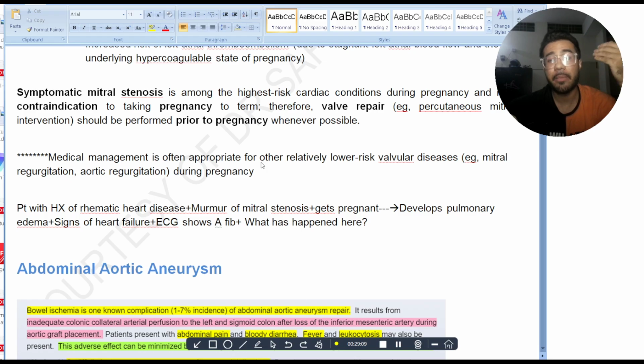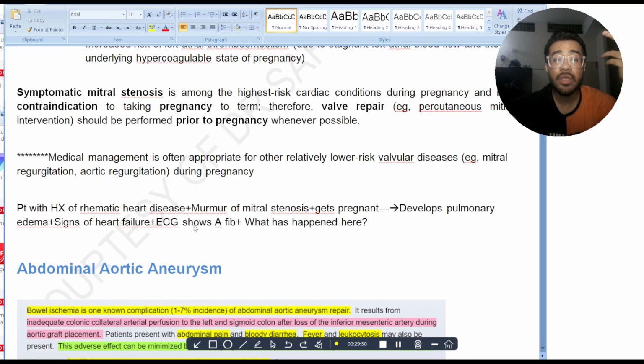But when the patient became pregnant and went into hypervolemia due to volume expansion during pregnancy, the atrial dilation became worse, and the patient went into AFib. And after the patient went into AFib, the asymptomatic mitral stenosis became symptomatic.